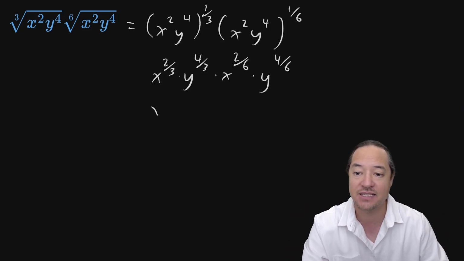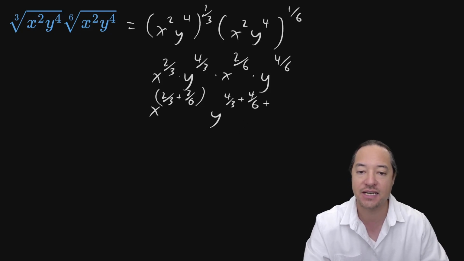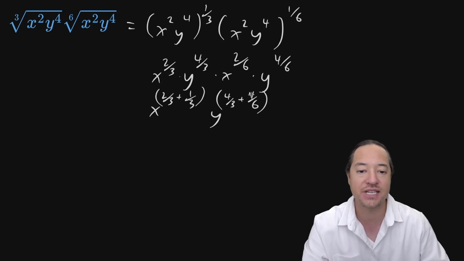And now I can simplify a little bit further by combining things, right? This is the same as x to the 2/3 plus 2/6, times y to the 4/3 plus 4/6. And now actually these fractions I can simplify a little bit. So 2/6 is going to be the same as 1/3 and 4/6 is going to be the same as 2/3.